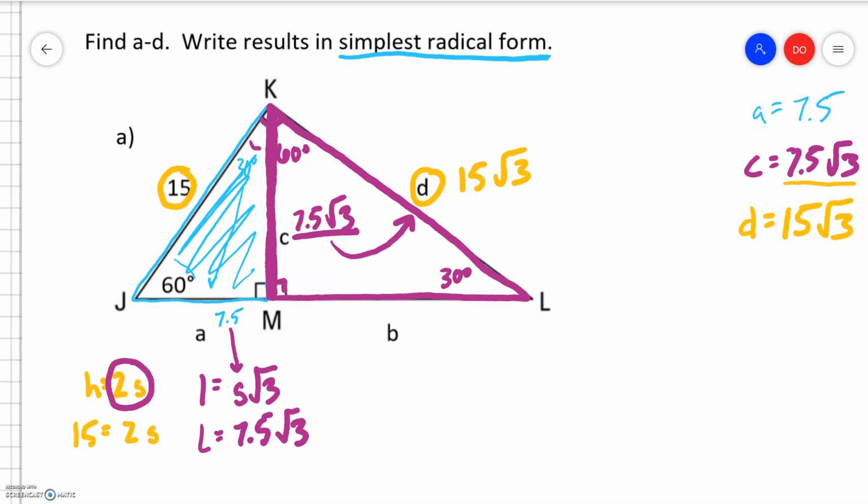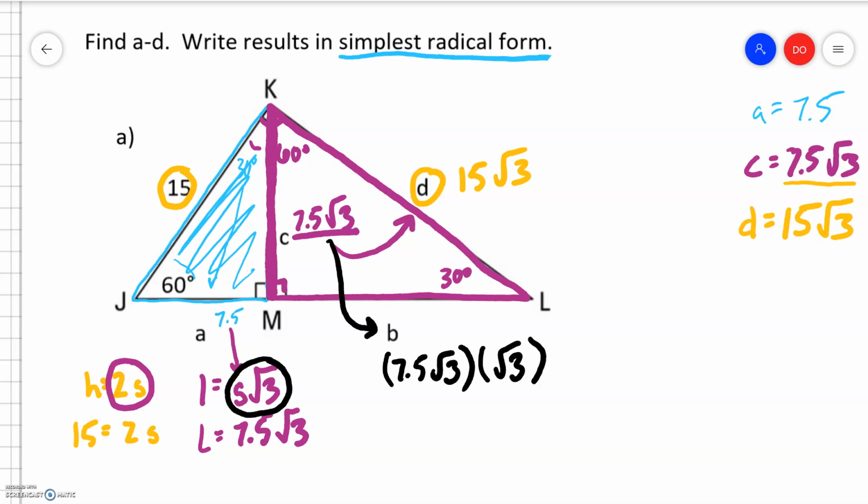I can also take the short leg here and use that to produce the long leg, because the short leg times the square root of 3 would give me the long leg, which really means 7.5 square root 3, the short leg, times another square root 3.